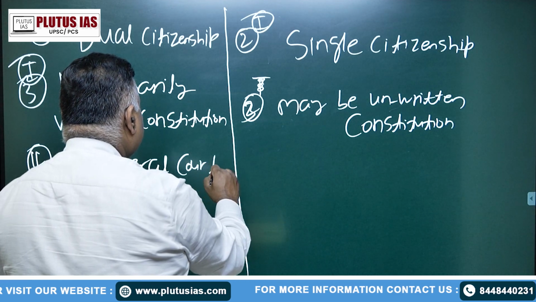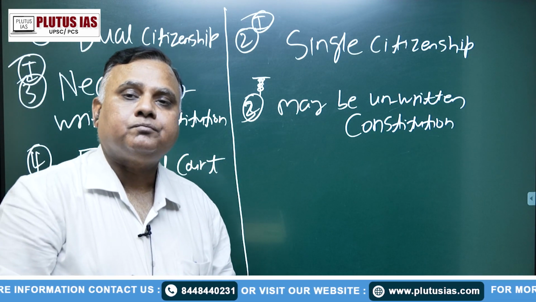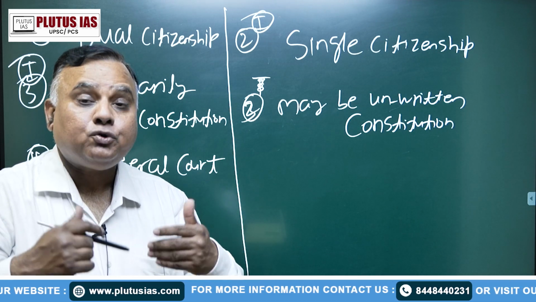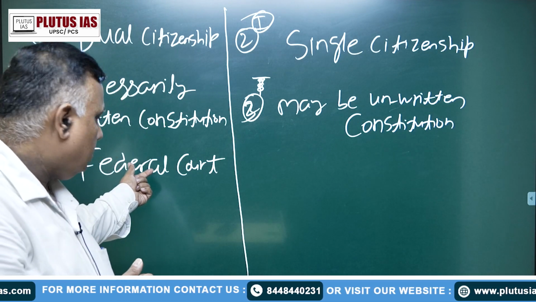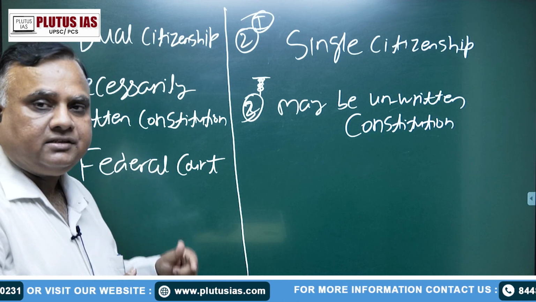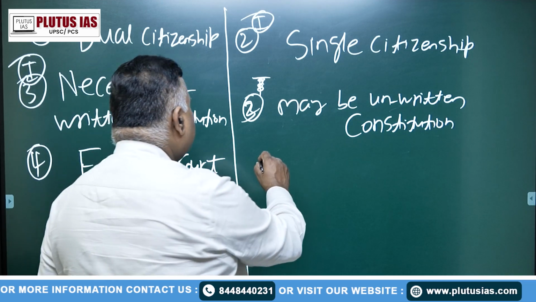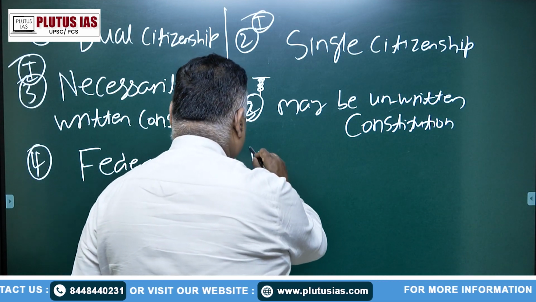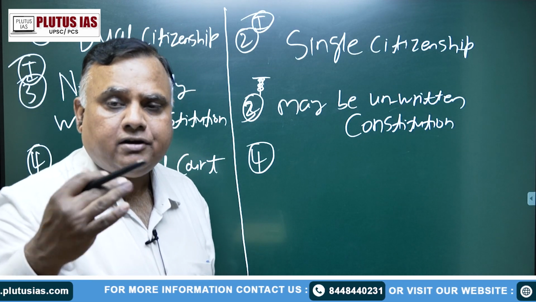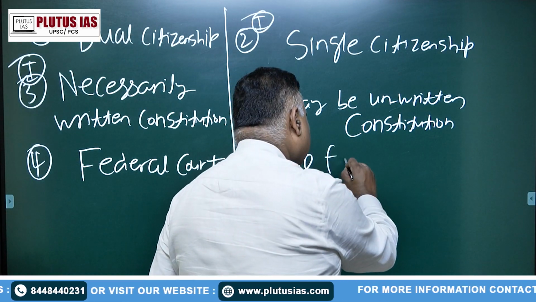If the weaker states are encroached by the stronger center, then the weaker states could approach the federal court to get their rights and interests protected. In unitary polity, there are courts. In England also there is a court, there is rule of law, but there is no federal court as such.